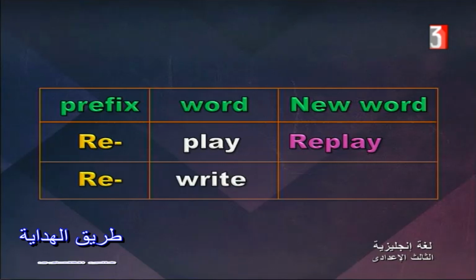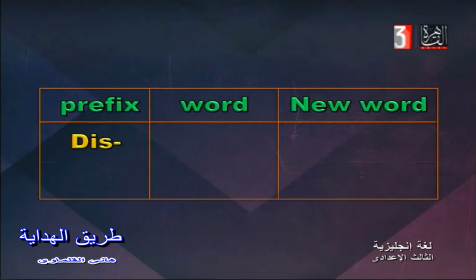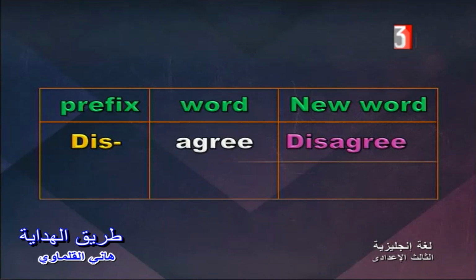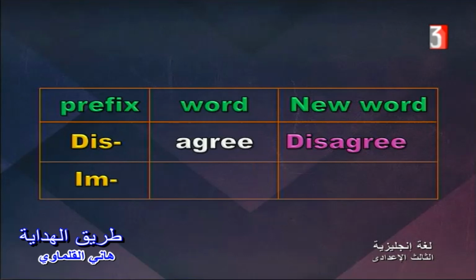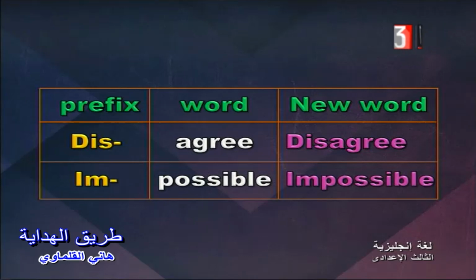And we know, my dear students of educational programs, that dis means not, okay? So agree, disagree, which means not agree. We have im also, which means not, like in the word possible. So impossible معناها مستحيل. Let's have some sample questions here.